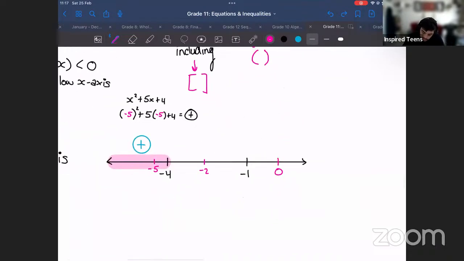That's why I'm choosing -2, for example. And then after -1, the easiest one to choose is 0, because 0 cancels that, it cancels that, and I'm left with 4, which is positive. So I know that this is positive. Then I can check -2. When I substitute -2, so -2 squared plus 5 into -2 plus 4, I actually get a negative answer.